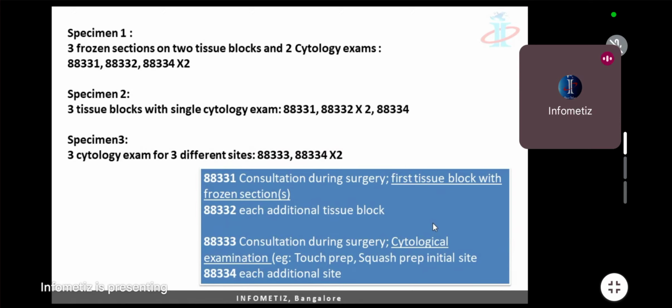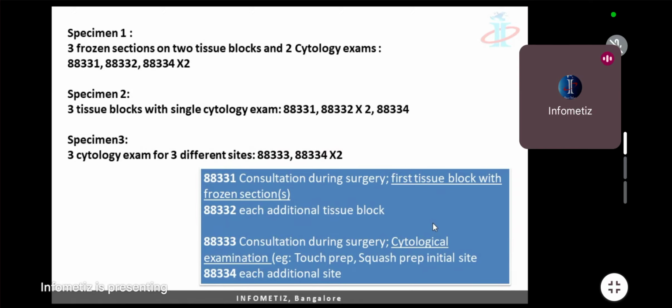Correct? That would be your total answer, the combined answer. So the best technique is to code separately and then at the end combine. If you are coding separately, that would be easy.